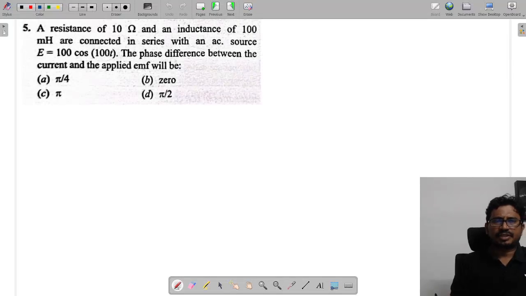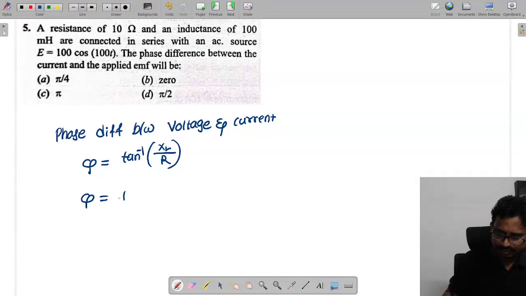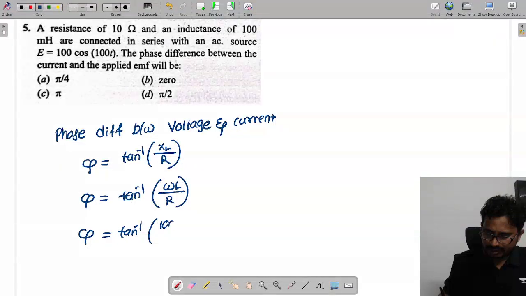The phase difference between the current and the applied EMF, that is the phase difference between voltage and current, phi is equal to tan inverse of XL by R. XL is equal to omega L, so phi is tan inverse of omega L by R. Omega is 100, L is 100 into 10 power minus 3, by R which is 10.